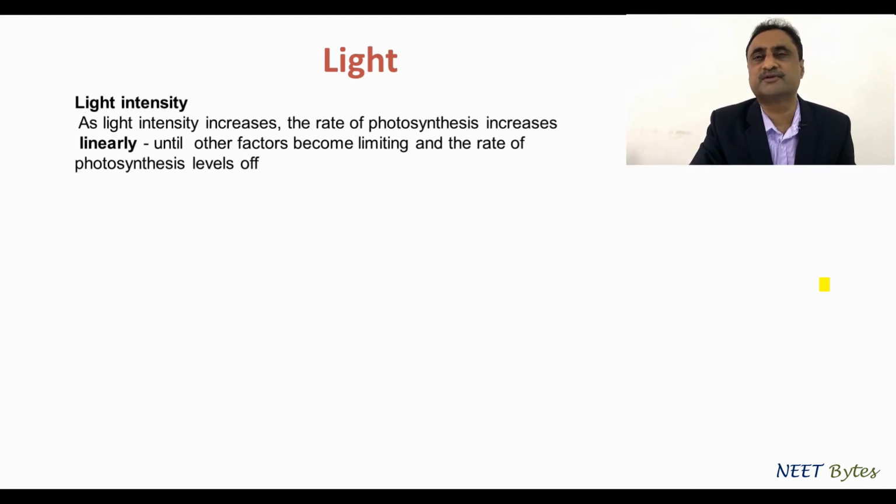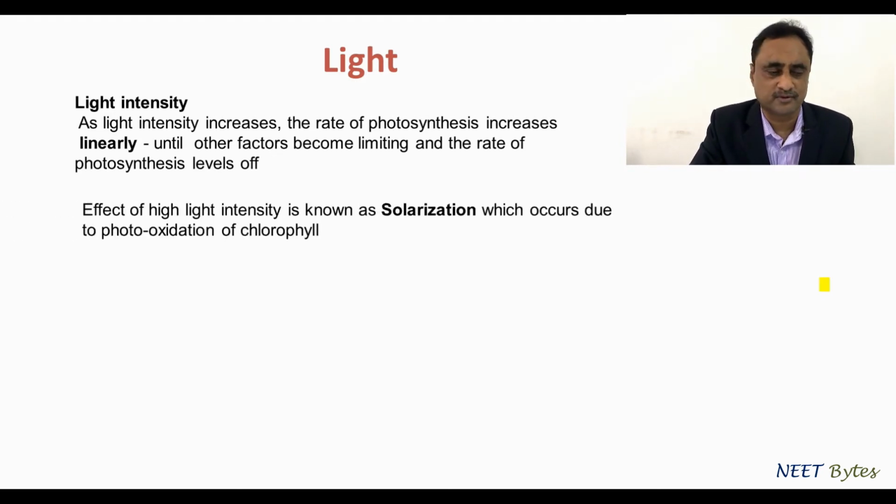Right, let's talk about another factor, that is light. We know very well that we see the visible range of light, that is VIBGYOR, starting from violet to red. There are different aspects of light. First is the intensity. As the intensity increases, the rate of photosynthesis also increases, right? And it will keep on increasing until the other factors become limiting. So there is also a concept of limiting factor, we will discuss that.